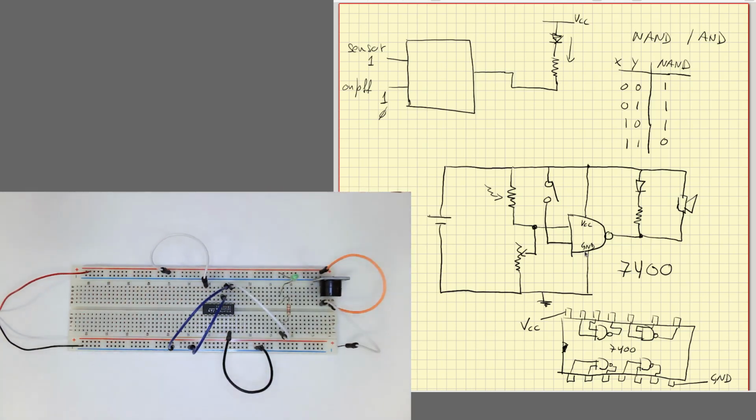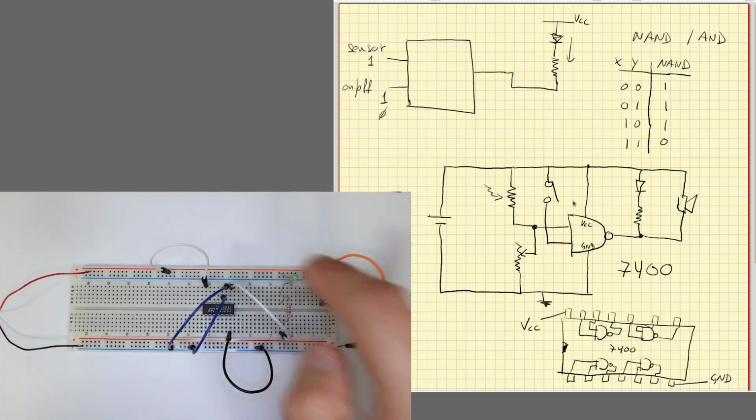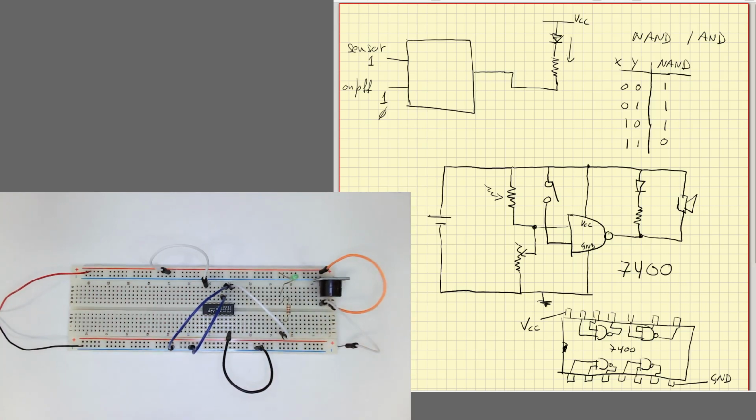Now my circuit is working, and you see it's as expected. The LED is off, the output is high, because in our case when the output is high, the LED will not turn on.